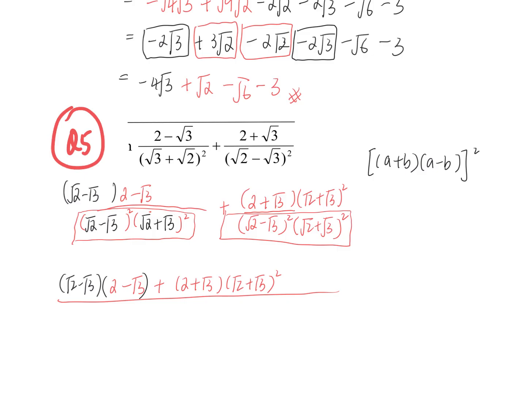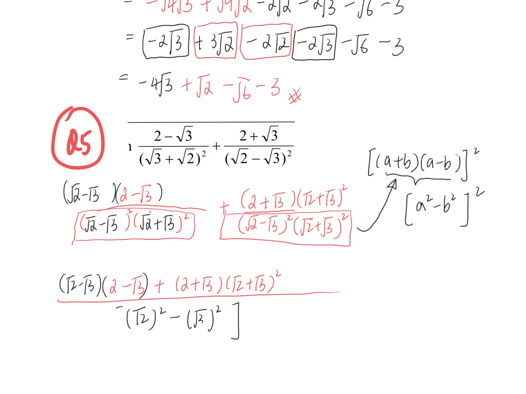Question 5. Okay, so the bottom, this 2 is actually the same as this. This 2 square is the same as squaring both of them. So what is this? This is a square minus b square. And then I square the whole thing. So my a square is this, my b square is this.